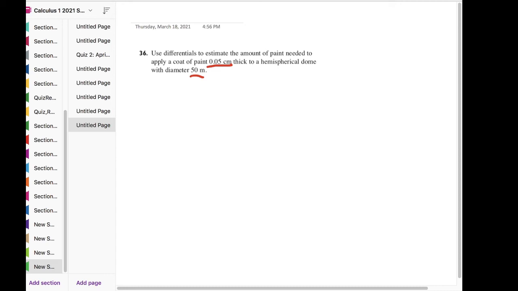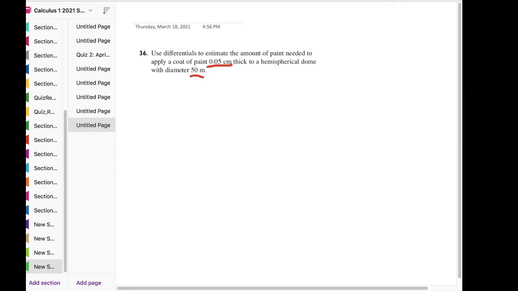You tell me. Changing this into meters or centimeters? I think centimeters would be easier, because if you change this to meters, this would be too many point O's for me to deal with.